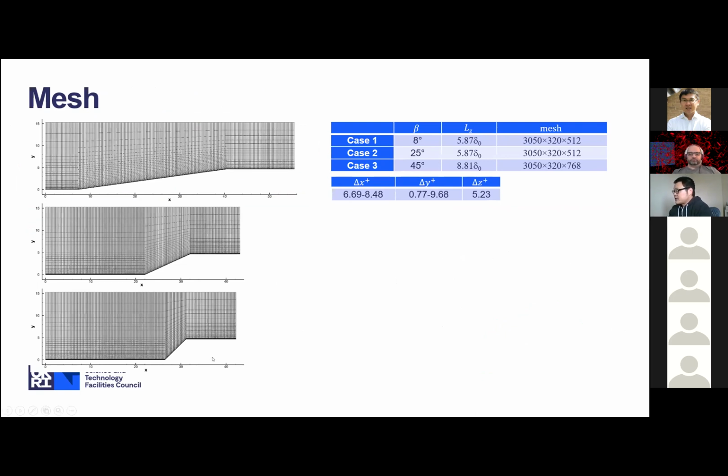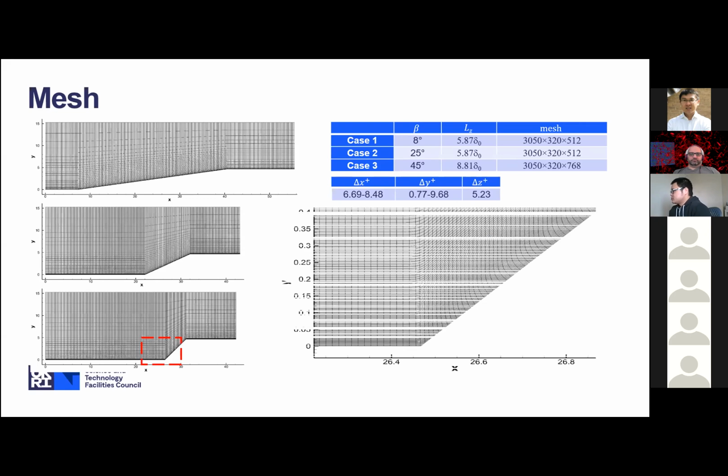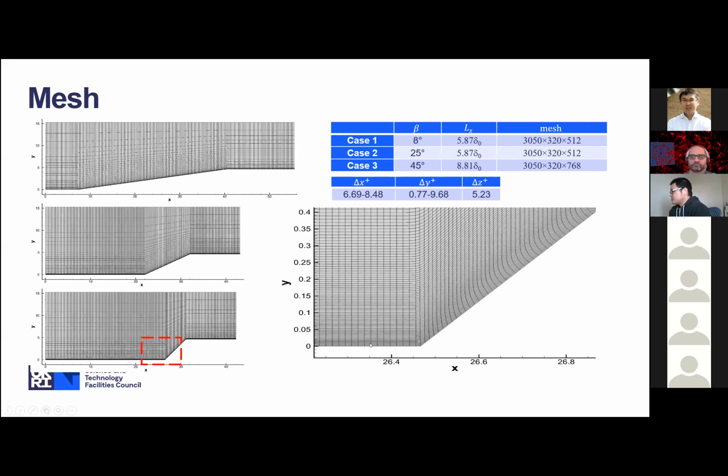For the third case with a 45 degree step, we use a larger spanwise domain, because for that case there will be quite large structures, although even this extended spanwise direction is still not big enough. This is the mesh resolution, and you can see we turn the mesh gradually from 90 degrees to 45 degrees in this case, to ensure the smoothness of the mesh. So the mesh is quite fine.